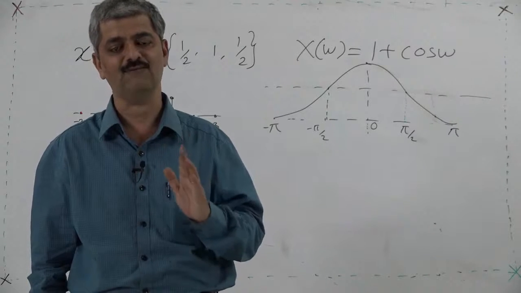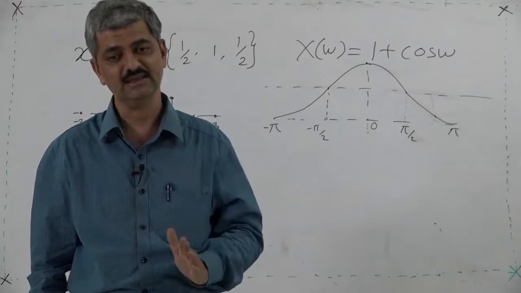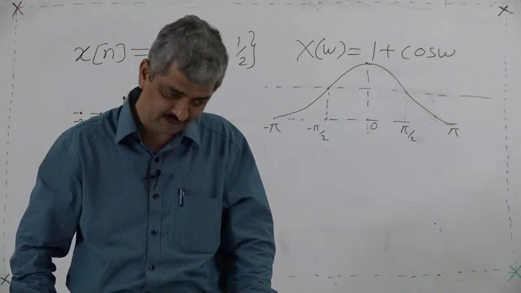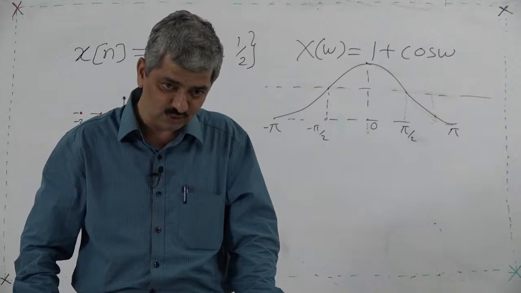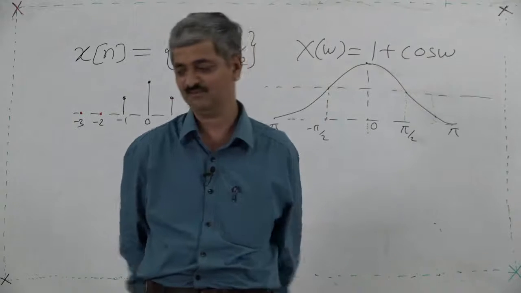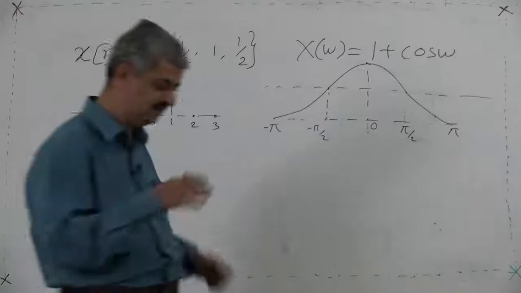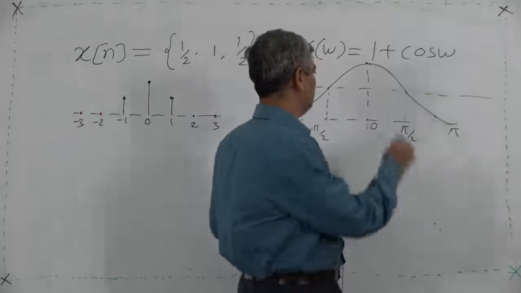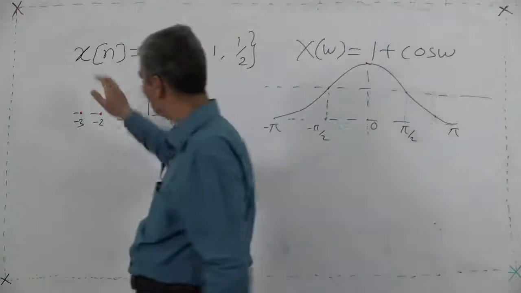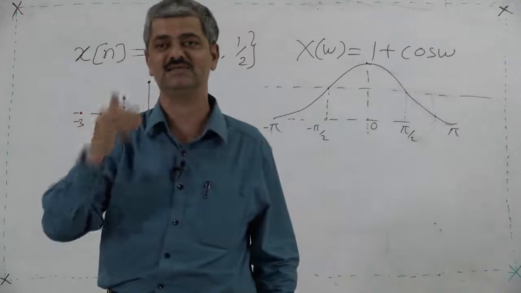So I find that there are different values of X(omega) for different omegas. Then how do I proceed? I proceed by simple logic that these values correspond to what? These values actually are not the amplitude. This concept should be very clear: the given sequence x[n] is presumed to be a summation of multiple subsequences.